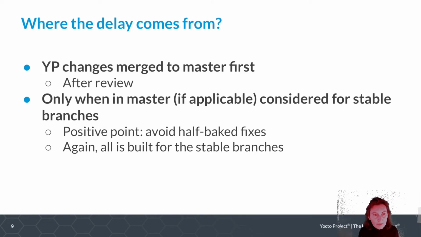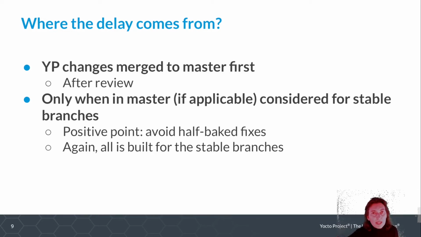It takes some time. There are some advantages of this. We do not end up having half-working solutions in the kirkstone branch because they have been put into master first and tested. And we are still getting builds and tests for the stable branch, but it takes time.